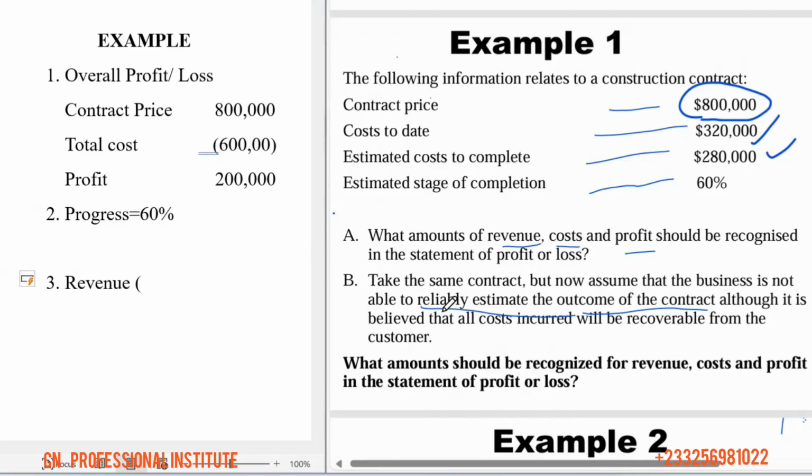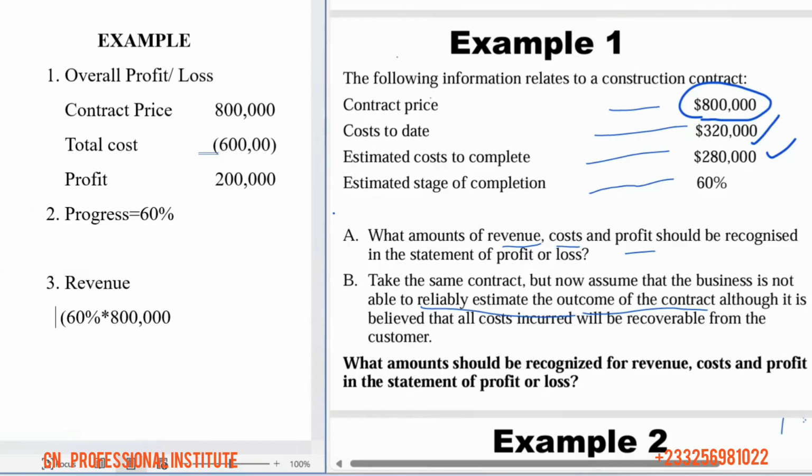So we are going to have 60% of the 800,000. And that's what we are going to record as the revenue. Okay. So as simple as that.